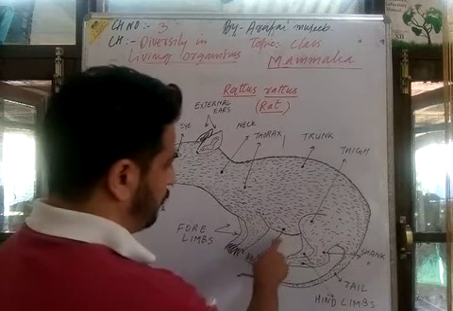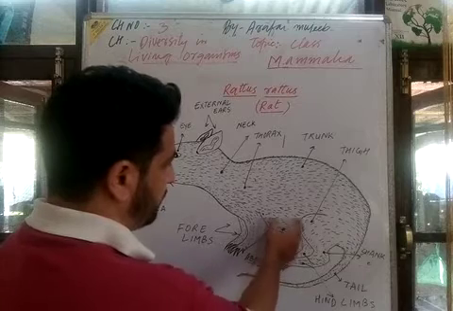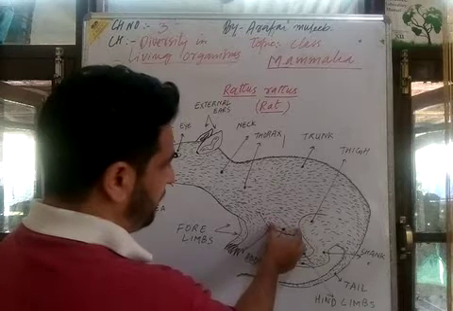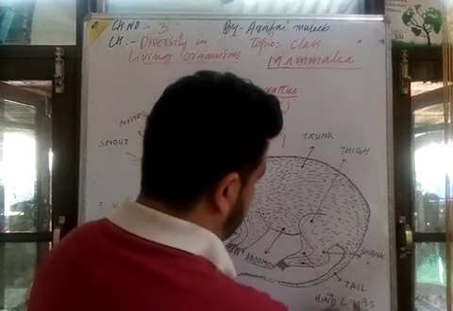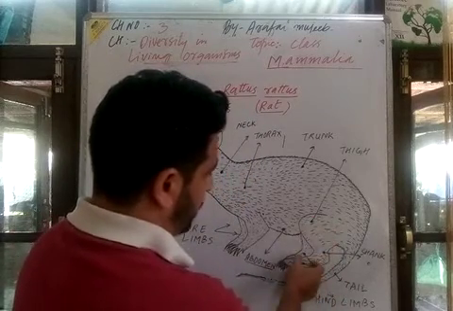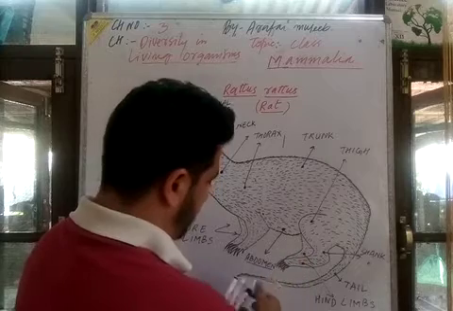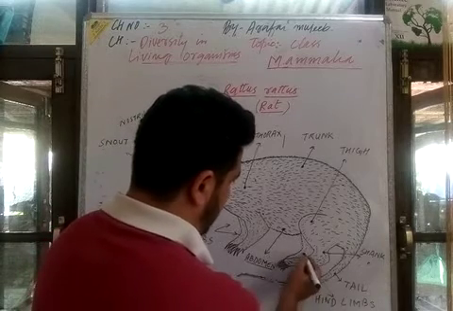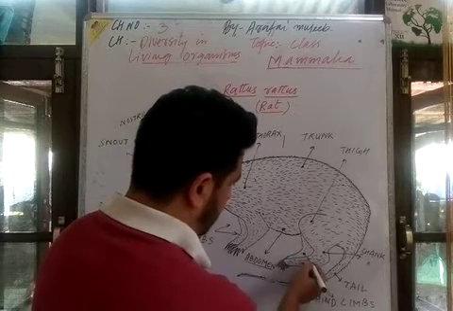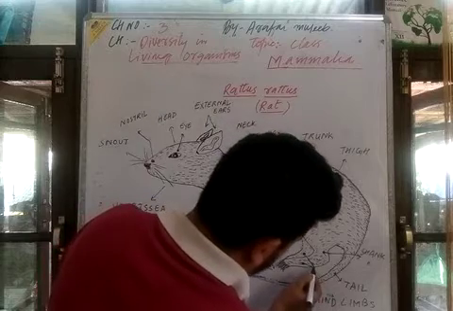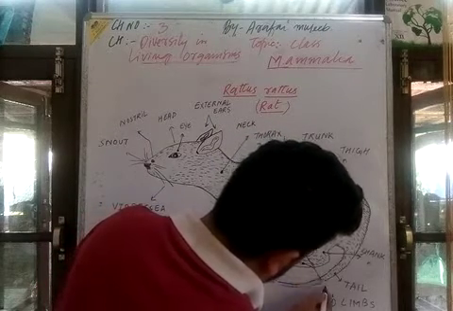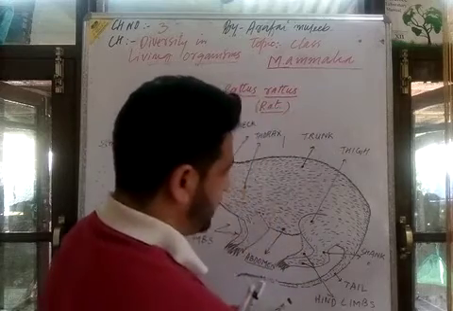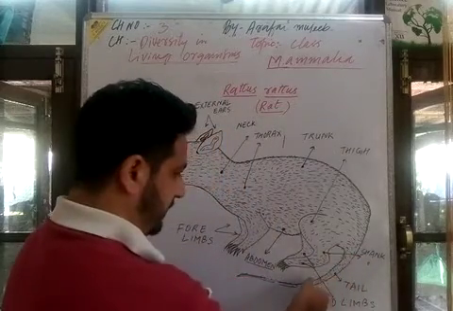Then this is the abdomen portion. And this is the pair of hind limbs; I made a dot and a line here to show the pair of hind limbs. And this is the tail.